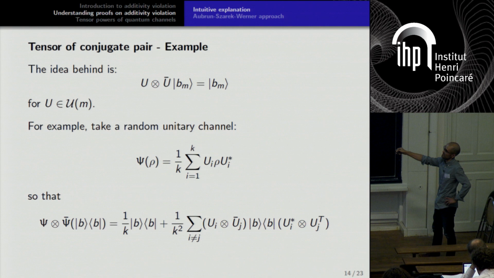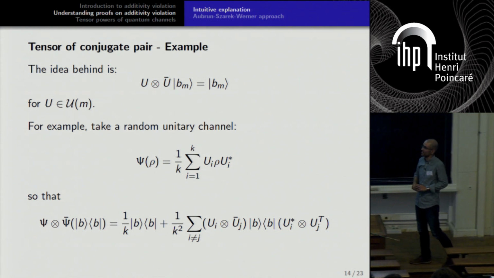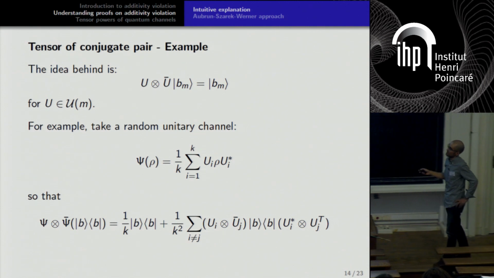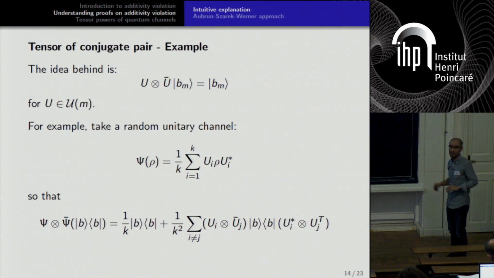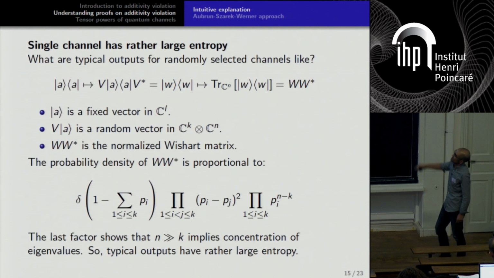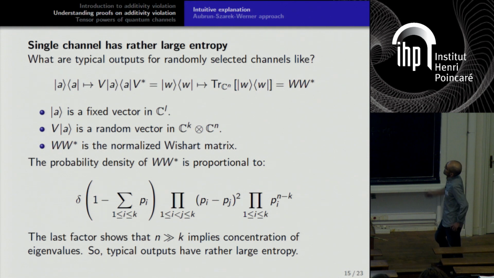By this calculation, maybe some of you are convinced that the Bell input is very nice for this construction, the tensor product of a quantum channel and the complex conjugate of this quantum channel. Anyway, this is true in general. Let's go to the next slide.